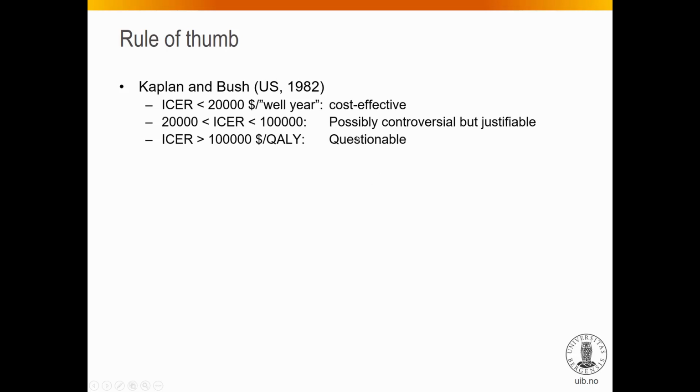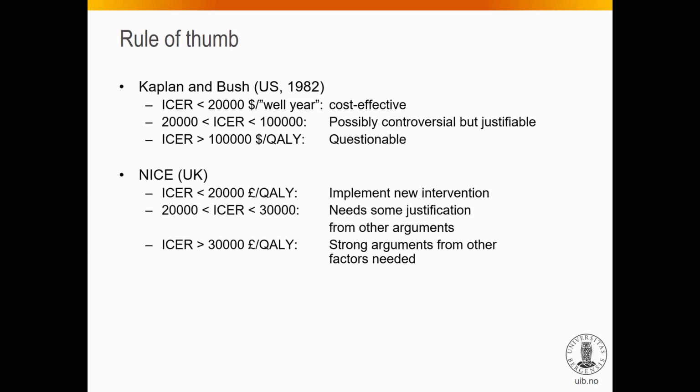When the ICER was in the range 20 to 100,000, it was possibly controversial but justifiable, but questionable for higher ICERs than 100,000. NICE have quite firmly established these thresholds in their decision making for the UK.